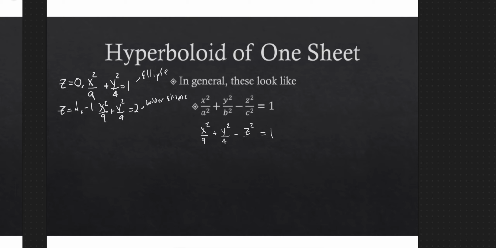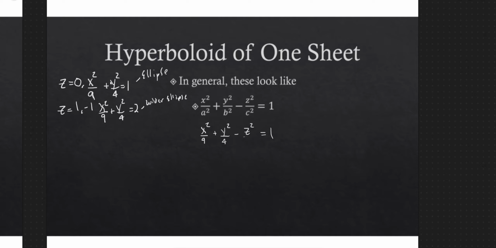And that's at 1 and negative 1. Same thing for 2 and negative 2. It'll be wider yet. And the fact that these come in pairs, positive and negative, we get the same thing. This z squared means we have a symmetry about the xy plane. So above the xy plane and below the xy plane should be mirror images of each other. If you think of the xy plane as like a mirror. So that's these sorts of traces.